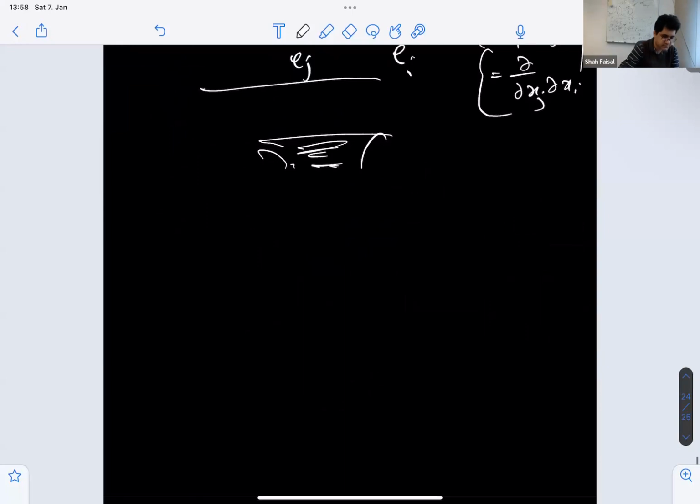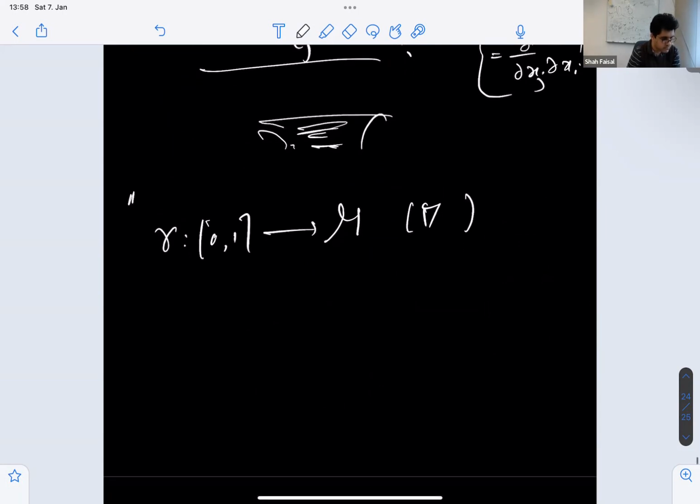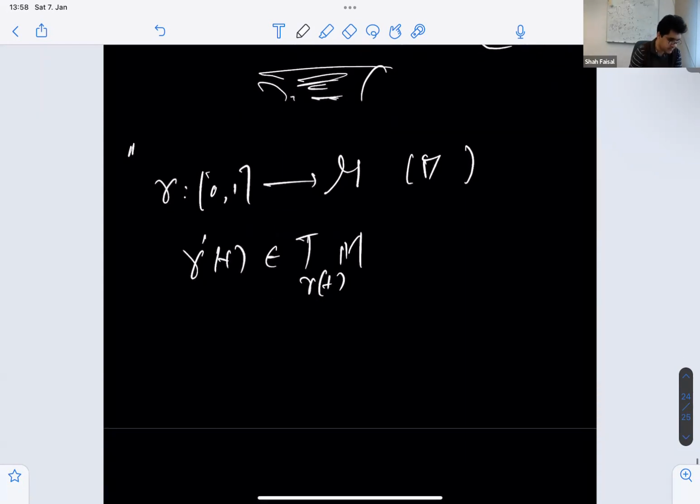So I would just roughly write it down. Let's say you have a curve γ into your manifold and you have an affine connection ∇. Now the derivative of this function with respect to t is basically a vector tangent to M at the point γ(t).